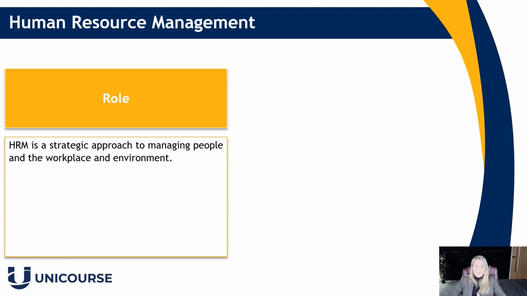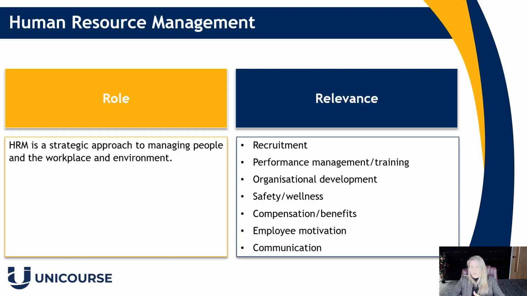And when you look at the relevance, or you could think of the purpose, of human resource, it is to work alongside the management and the staff to try and ensure a peaceful workplace with a positive culture or working environment as well. When you think about the responsibilities and the relevance, it covers these key areas here.